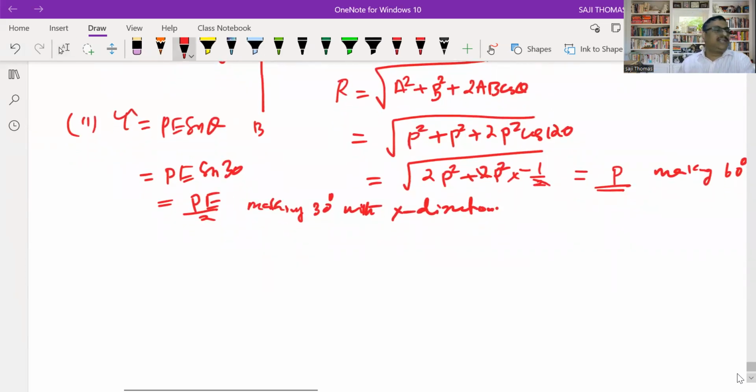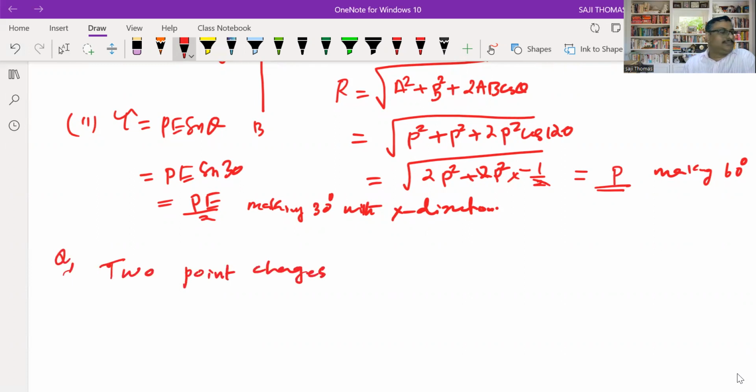Two point charges, 4Q and Q, are separated by a distance of 1 meter in air.